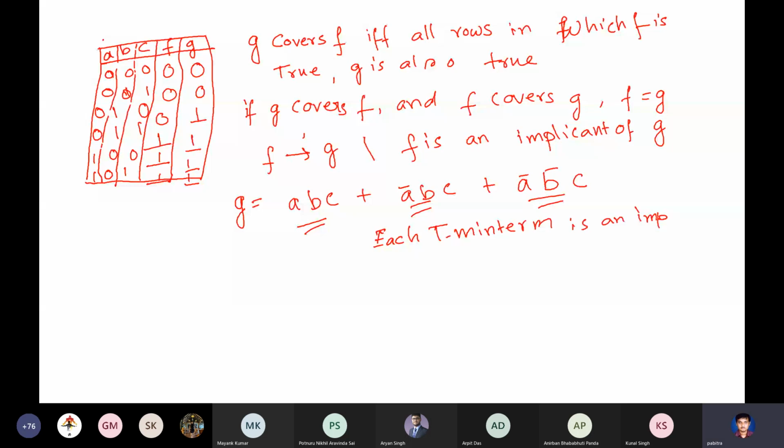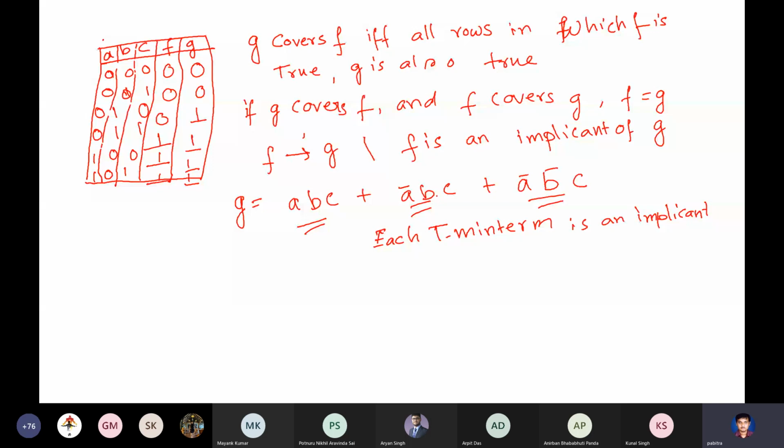See, it's an easy way to find an implicant. You write down the truth table of the function, take any subset of the true rows, and the corresponding expression that you get is an implicant. So naturally, one single row will also be an implicant. Now you see there are larger ones. For example, BC is also an implicant.